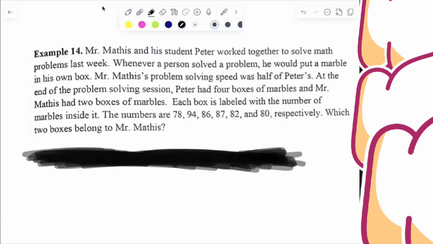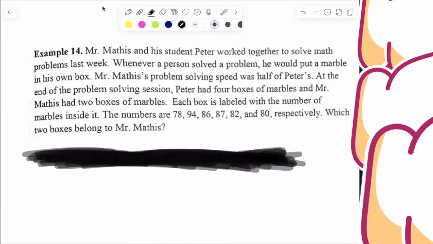Mr. Mathis and his student Peter worked together to solve math problems last week. I'm pretty sure it's homework. Whenever a person solves a problem, he would put a marble in his own box. Kind of a reference to Squid Game, but anyways, Mr. Mathis's problem solving speed was half of Peter's.